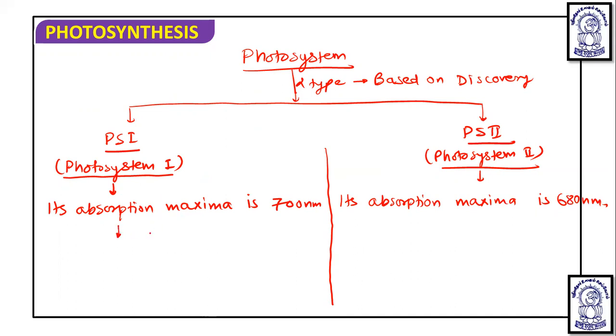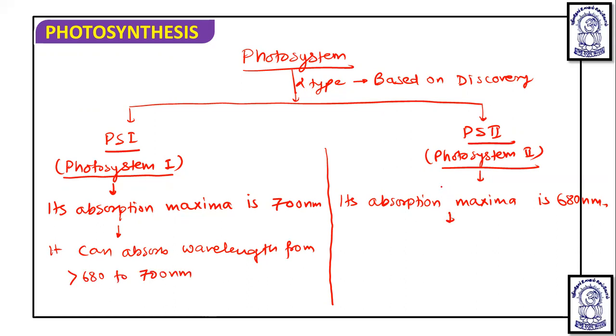Now, PS1 can absorb wavelengths greater than 680, up to 700 nanometer.